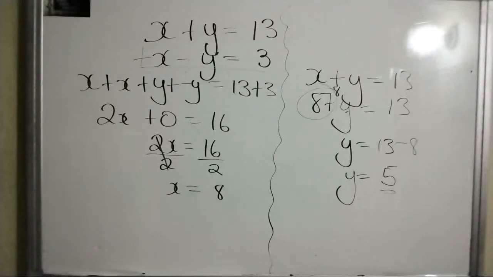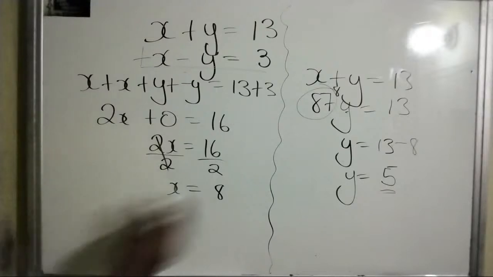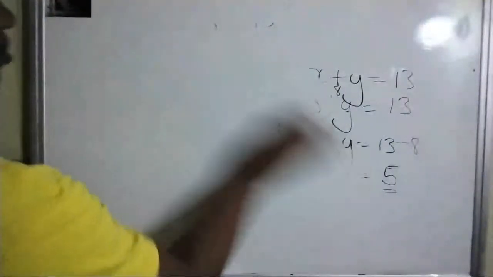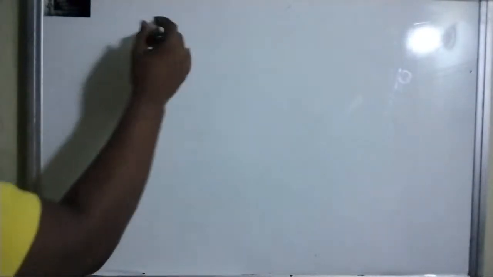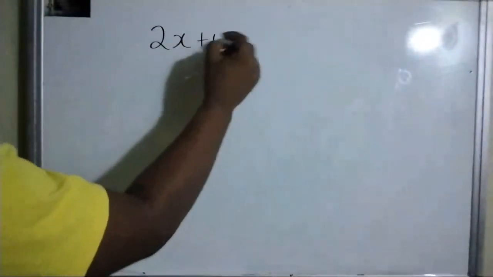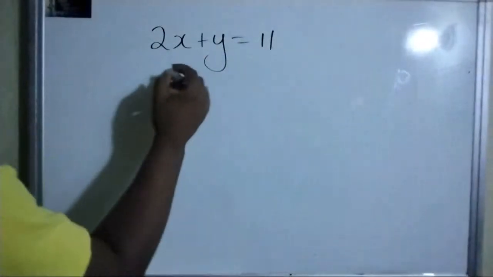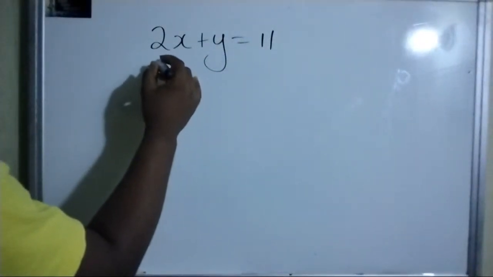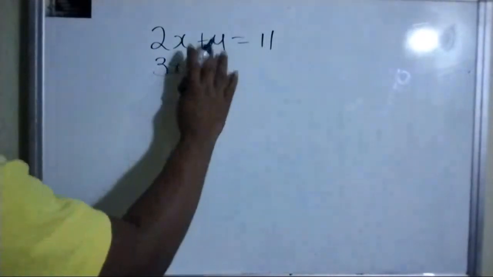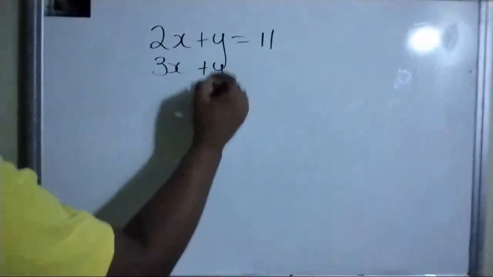So let us try when the coefficient is not the same. For example, say we have 2x plus y equal 11 and 3x plus y equal 16.